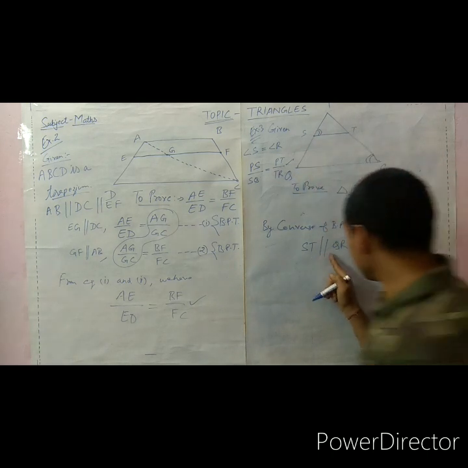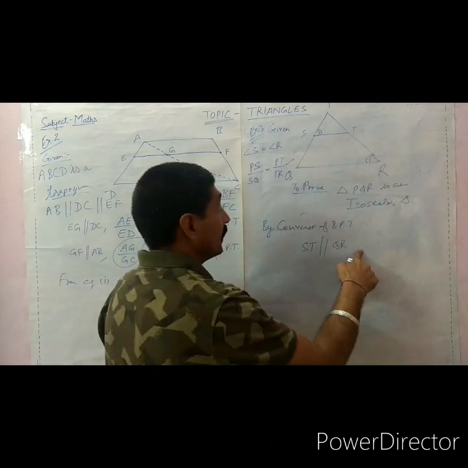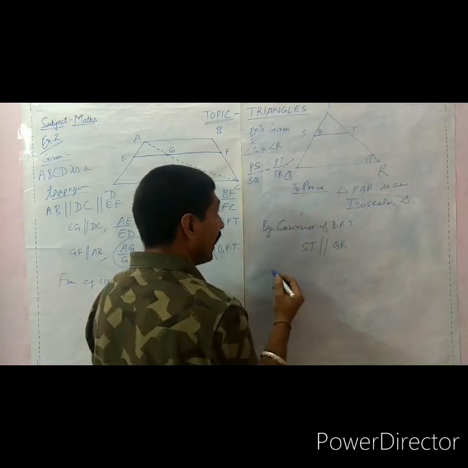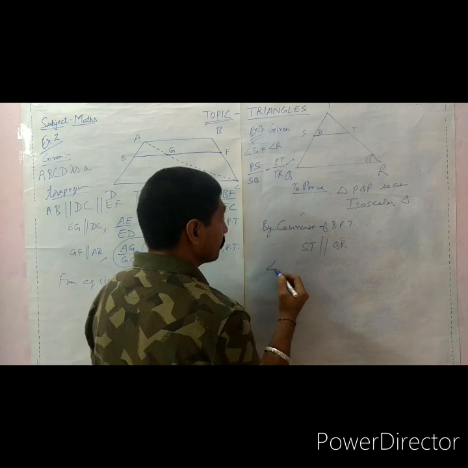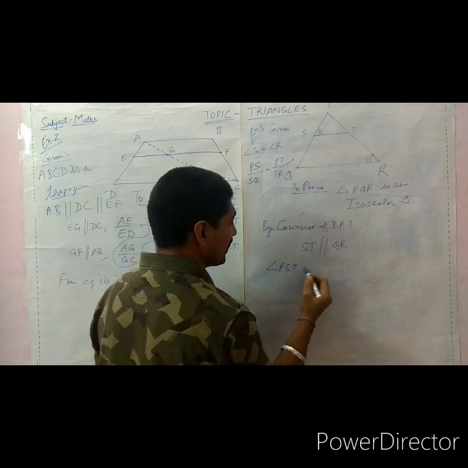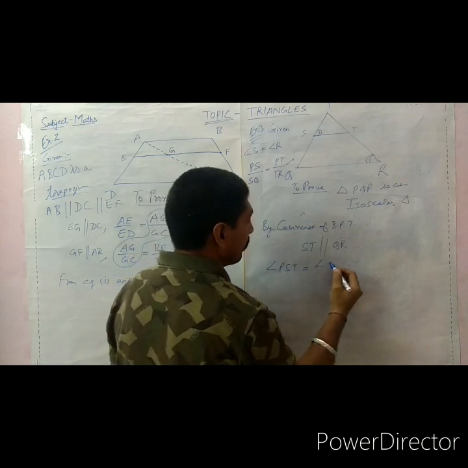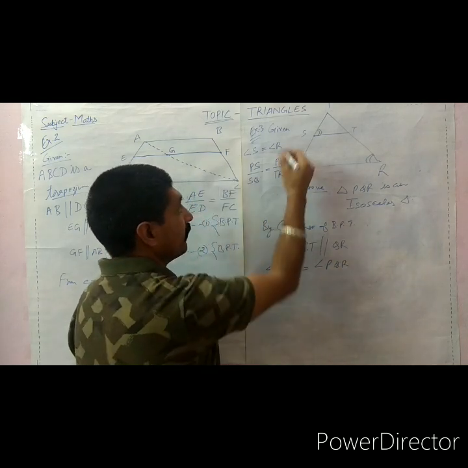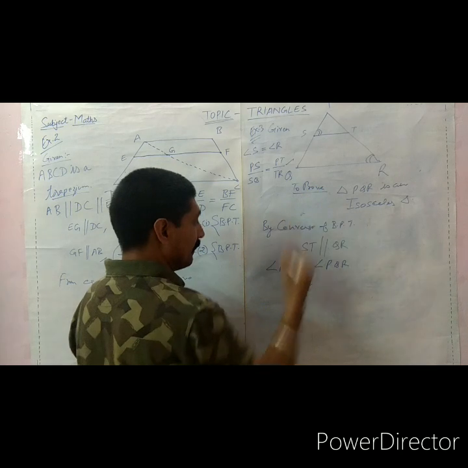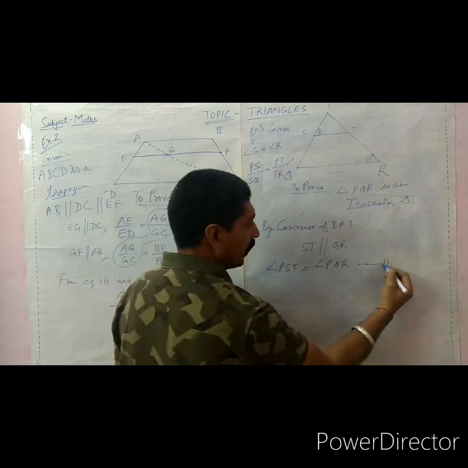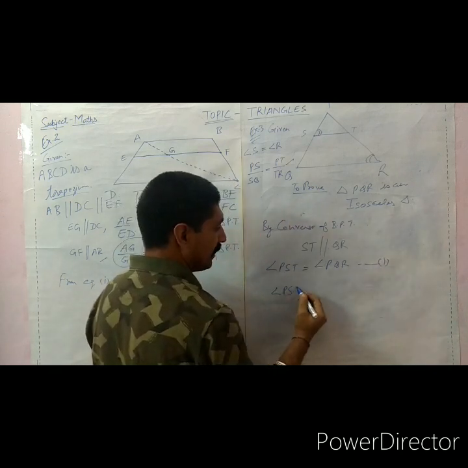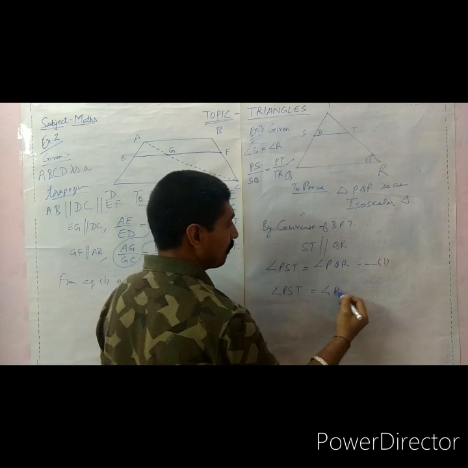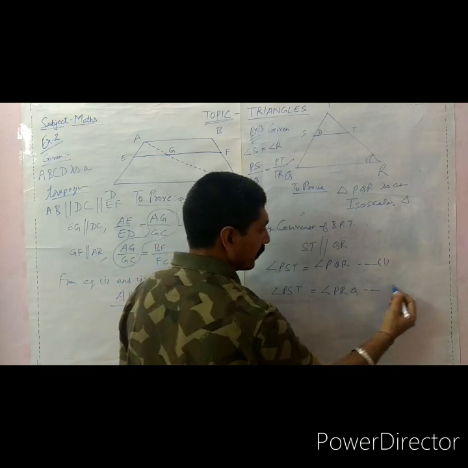Now if ST is parallel to QR, then we have angle PST equal to angle PQR. This is equation number 1, and we are given angle PST is equal to angle PRQ.